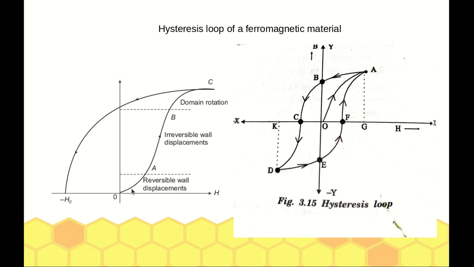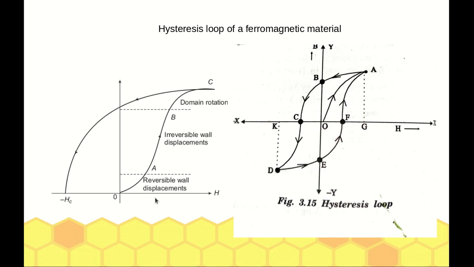Up to this OA region, the domain wall movement is reversible. When we remove the magnetic field, the magnetization also comes to 0, which means the domain wall movement is reversible in this region.